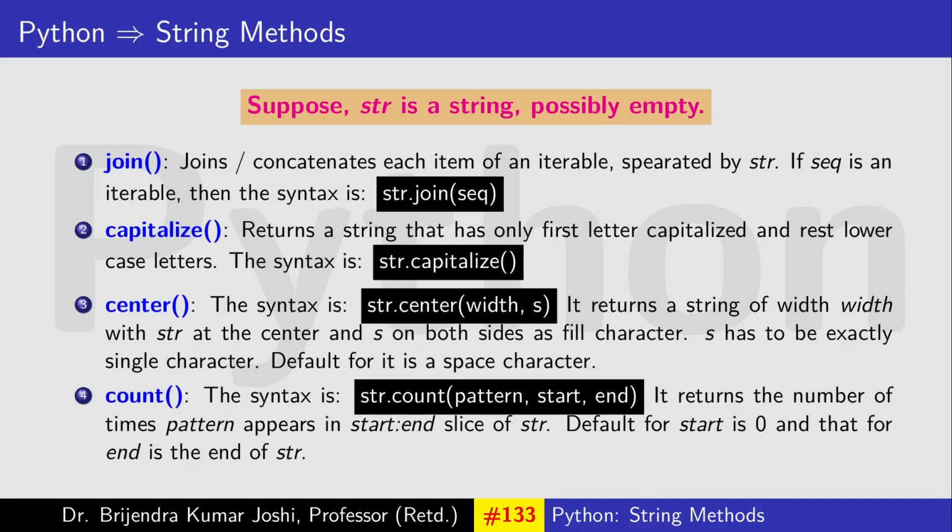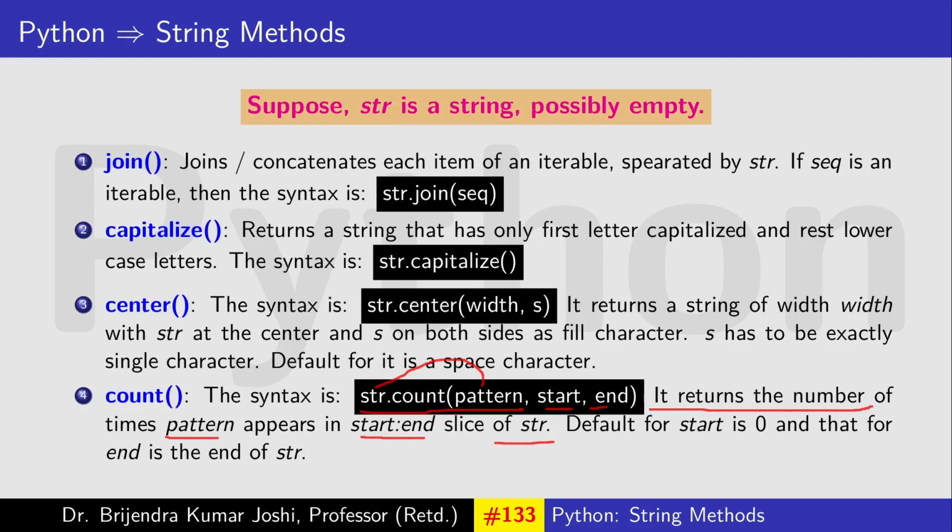Then the next one is count. The syntax is str.count(pattern, start, end). So pattern is a string. It returns the number of times this pattern occurs in str, or in the slice start colon end of str.